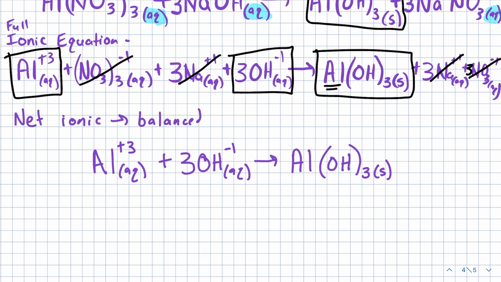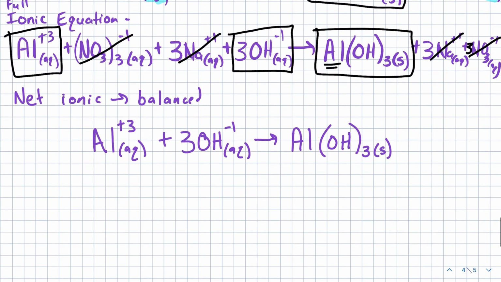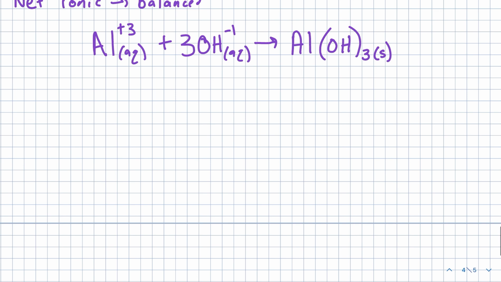Now something to note is if you have a double replacement reaction that does not result in a solid. So for example, let's say that I reacted my aluminum nitrate above with sodium chloride.